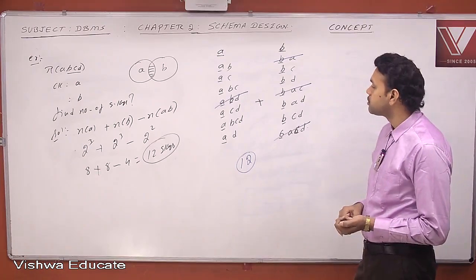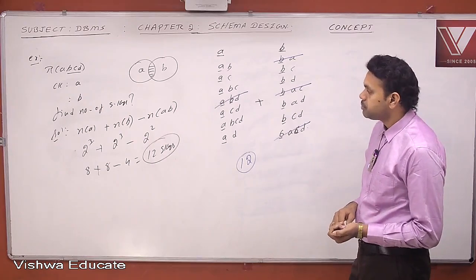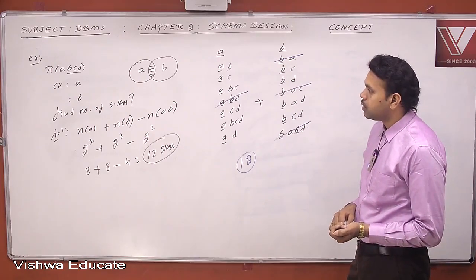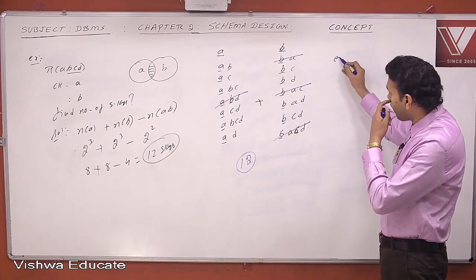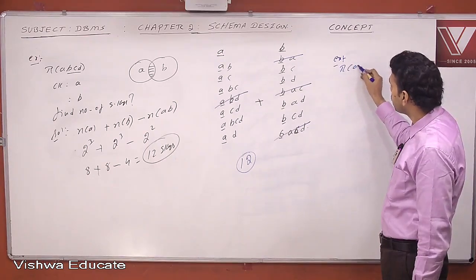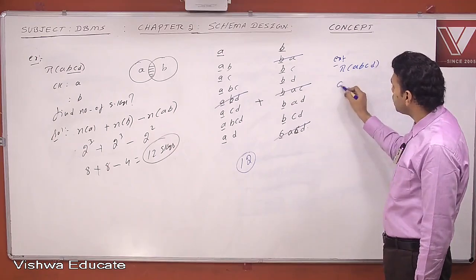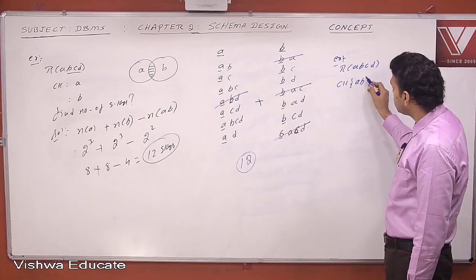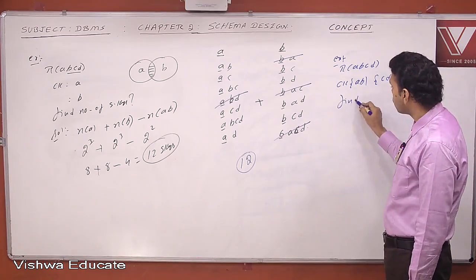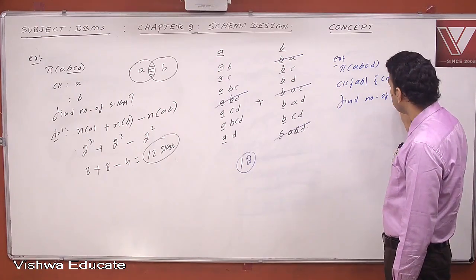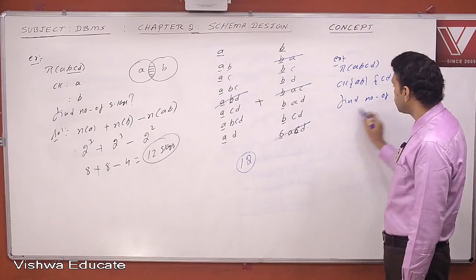Okay friends. And another example, this is the last example. Say R with ABCD, candidate keys are AB as well as CD. He is asking to find the number of super keys.